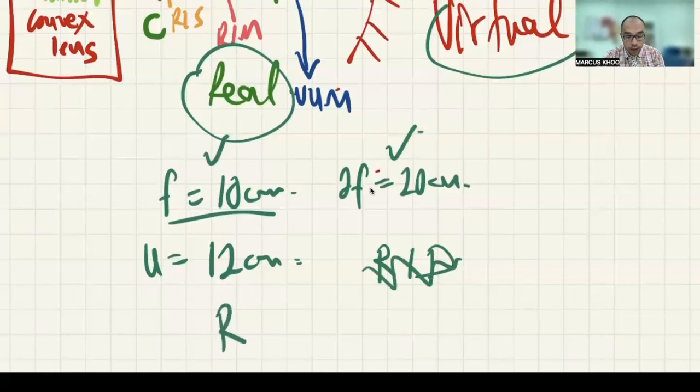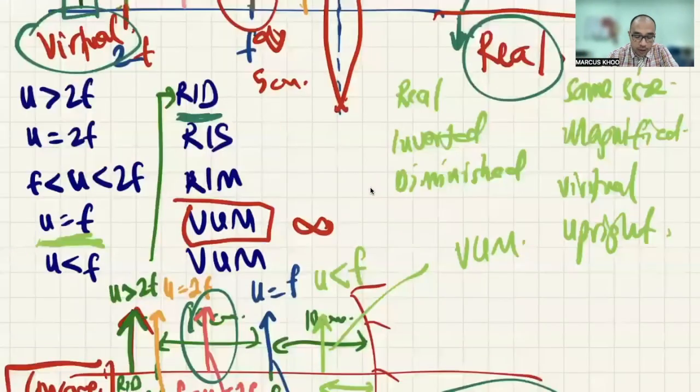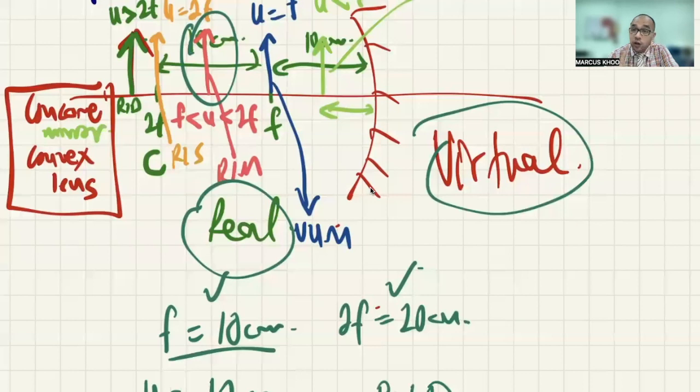It will be real, inverted, magnified. So remember this, because it's too easy not to remember. Okay, RED, RAISE, RIM, VUM, VUM. You just have to make sure that you grasp the concept of the focal length and of course the object distances correctly. Okay, now, this one is concave mirror and convex lens.